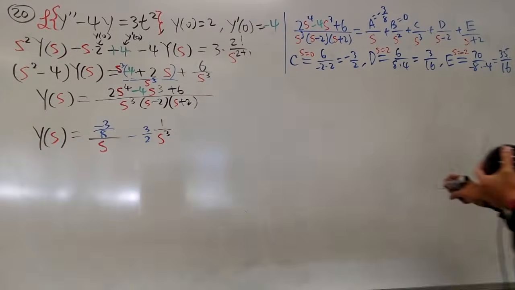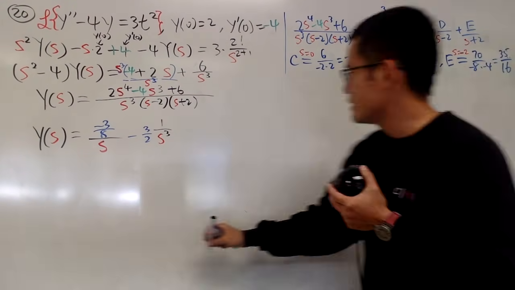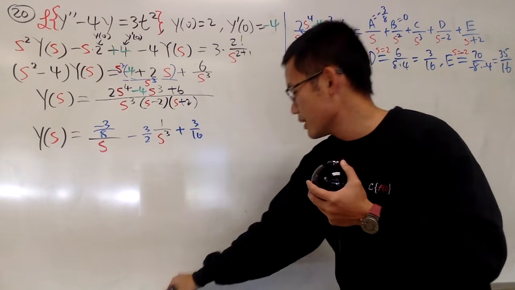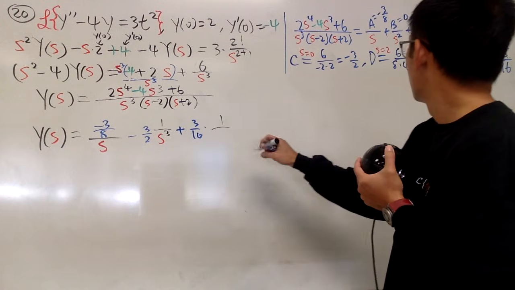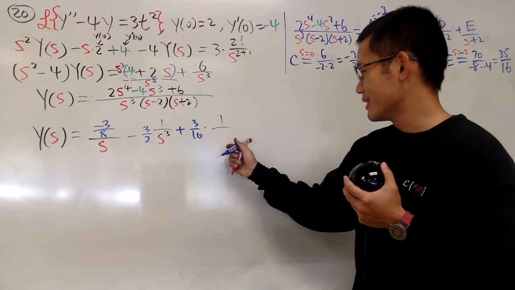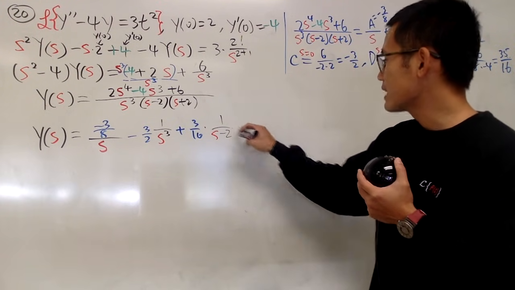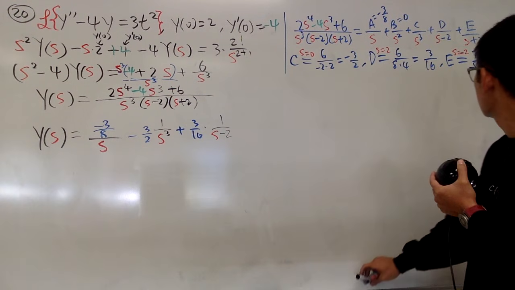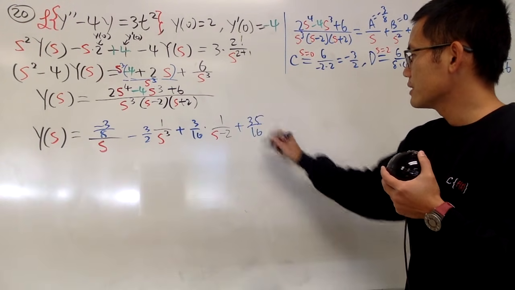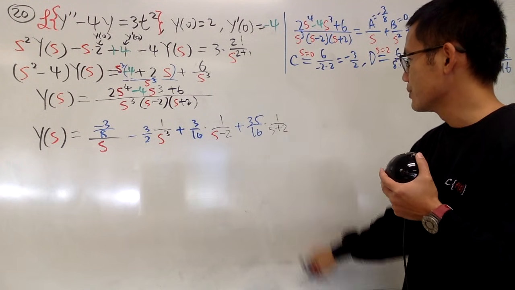And then D is 3 over 16. So you just put a 3 over 16, and then you have the 1 over S minus 2. And lastly, you have the E, which is 35 over 16, and you have the 1 over S plus 2.